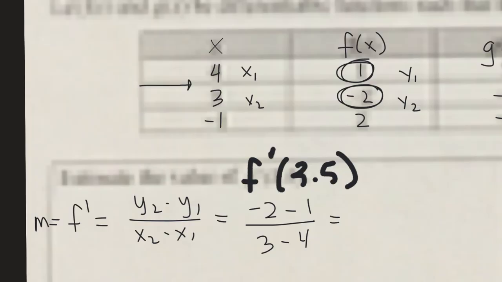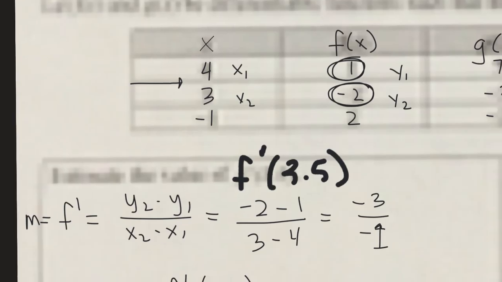Simplifying, that becomes -3 over -1. So it looks like f prime at 3.5 is approximately +3. Very good. Okay.